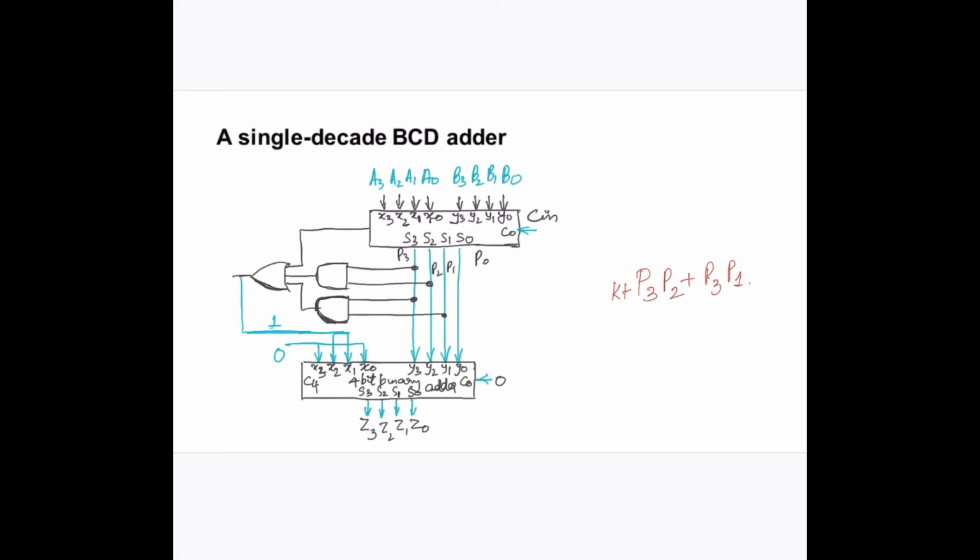So we get the output, and we have to apply the correction whenever the values correspond to this expression, that is K plus P3 P2 plus P3 P1. So this will be connected: this will be equivalent to K, this will be P3 P2, and next is P3 P1. So this expression will be implemented.